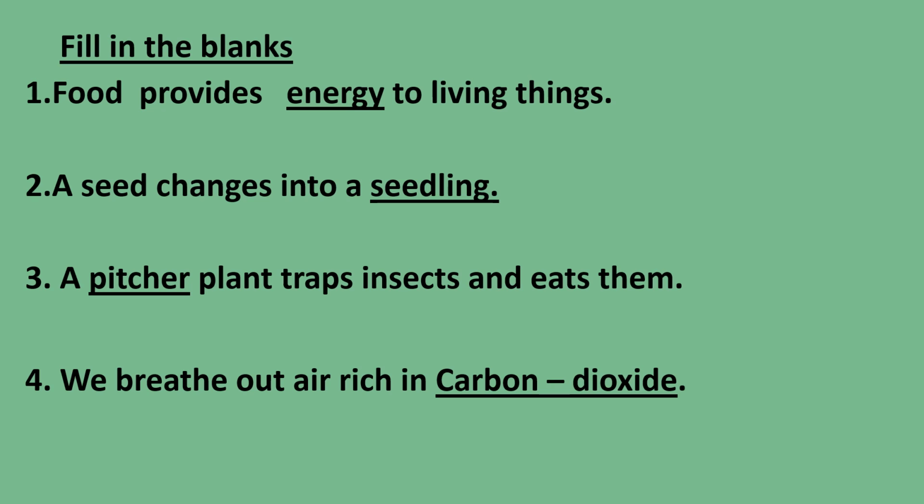Then we have the third question, which is a dash plant traps insects and eats them. The answer is pitcher plant. Children, parts of some plants show some special movements, and pitcher plant is an example of it.